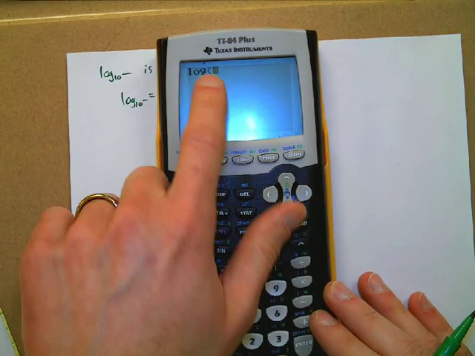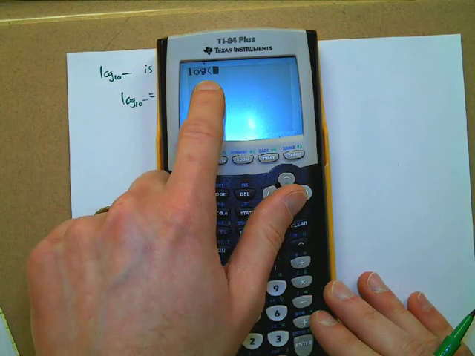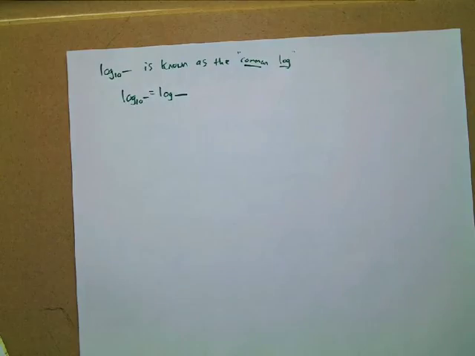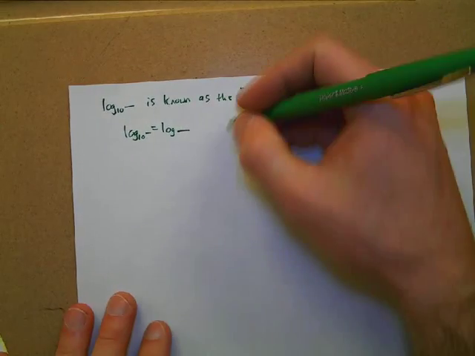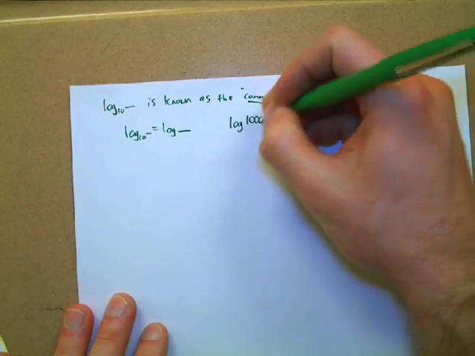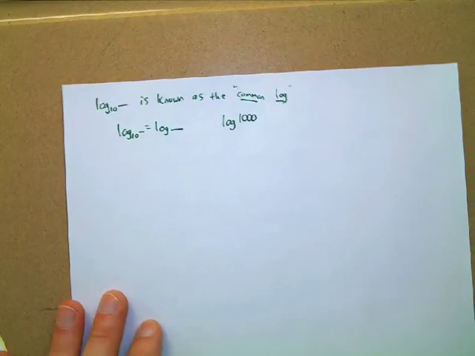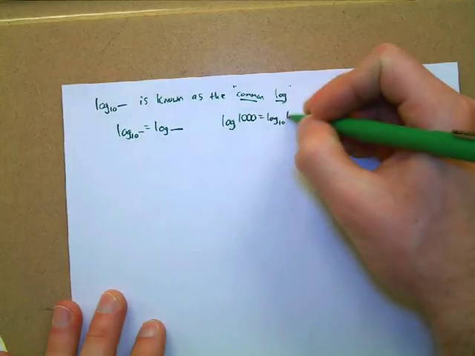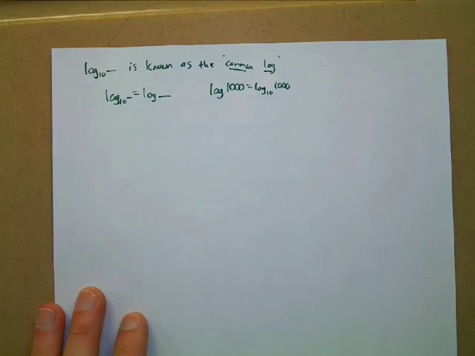So if I see something like log of 1,000, that's really saying log base 10 of 1,000. And 10 to what power gives us 1,000? To the 3, that's right.